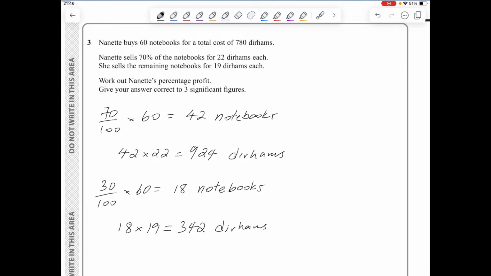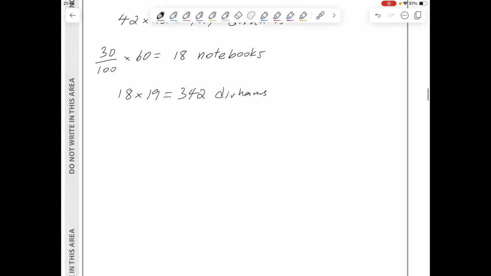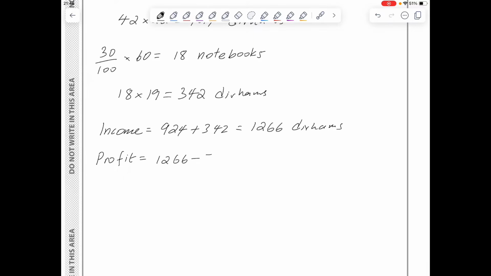And now I have a total income of 924 plus 342. So let's write this down. Income equals 924 plus 342, which is equal to 1,266 dirhams. Now the profit is equal to the income minus the cost, which is given in the question.